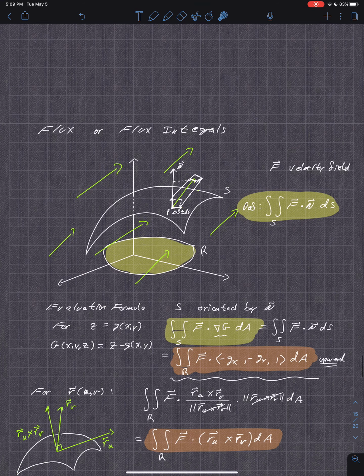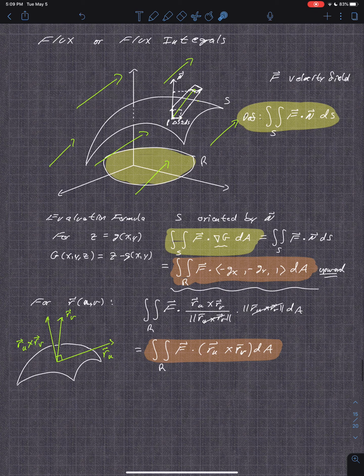Okay, then we want to talk about the concept of flux, or a flux integral. So we want to picture a vector field. Think of F as a velocity field. So here's my F, like this. F is going through the surface. I'm going to picture it going through the surface somehow.